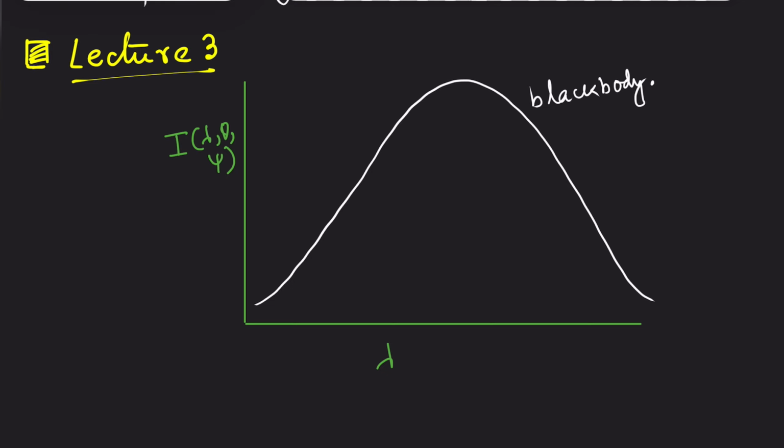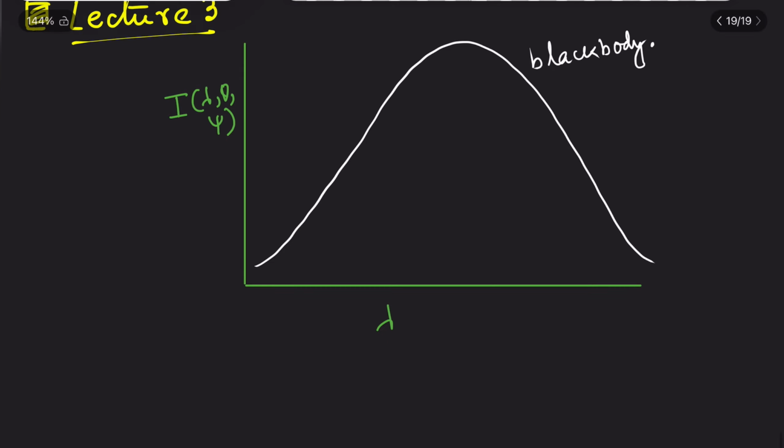Now if I look at the distribution of a real surface, it will be something like this, a very ugly distribution. So this is a real surface.